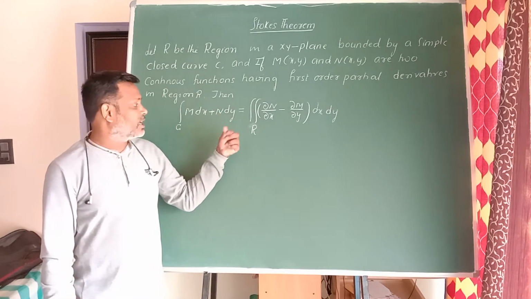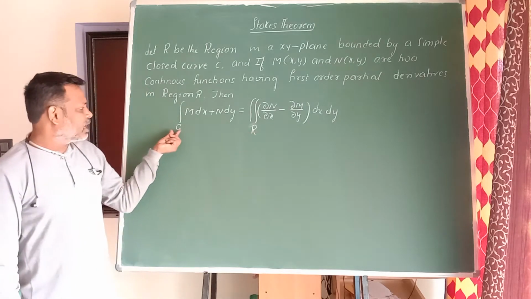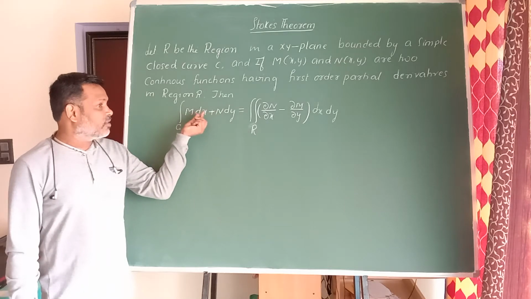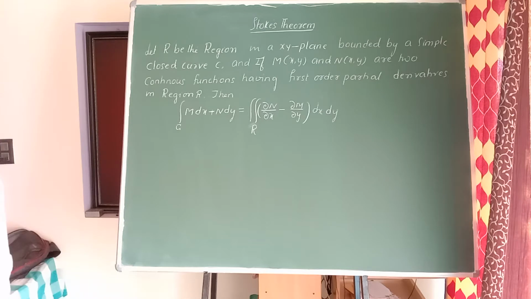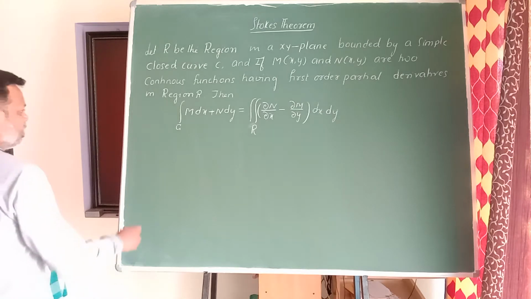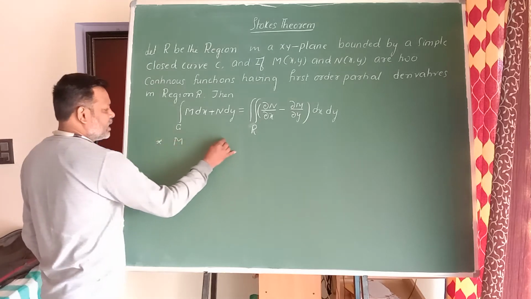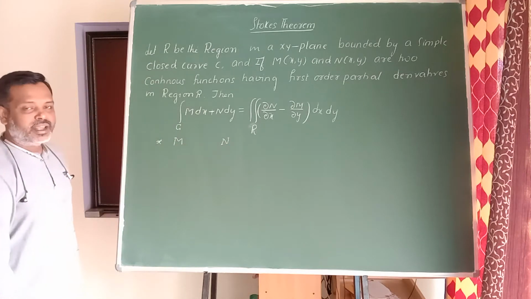Here R is a region in the xy plane bounded by the closed curve C, where M and N are given in terms of x and y. This is the statement. Now, to do the problems, what are the steps? First, identify M and N in the given problem.